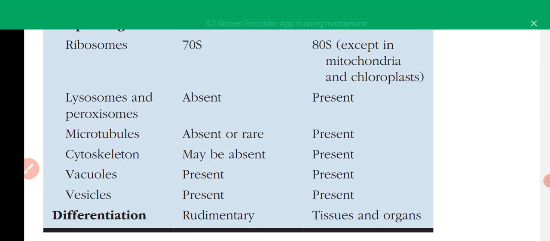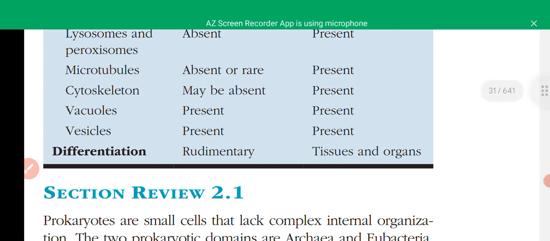Lysosomes and peroxisomes are absent in prokaryotes but present in eukaryotes. Microtubules are absent or rarely present, but they are present in eukaryotes. Cytoskeleton may be absent but is always present in eukaryotes. Vacuoles and vesicles are present in both prokaryotes and eukaryotes. Differentiation may be rudimentary, with no differentiation of cells into tissues and organ systems, and in eukaryotes there is the formation of tissues and organ systems. We will discuss later on.